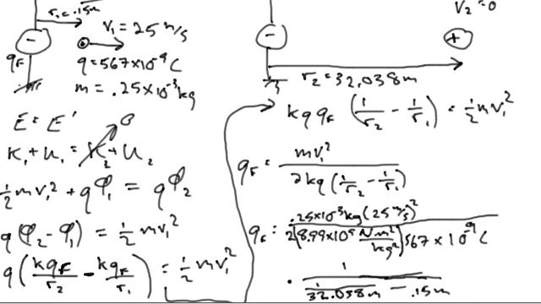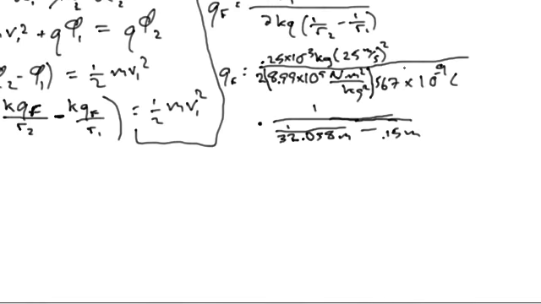Alrighty, what does that give me? Q sub C equals, okay, I'm just going to plug those into the calculator. And of course this is 1 over that.